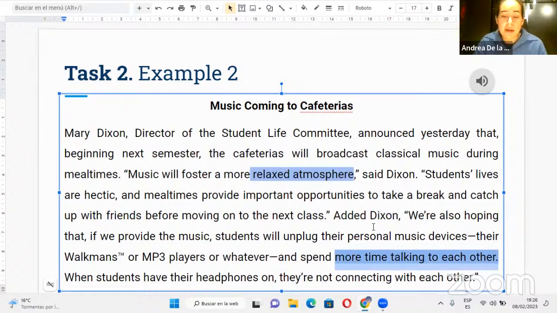You already said, right, that students don't like classical music, so they are actually going to listen to their own music with their headphones. But how is that related to this? Anyone?